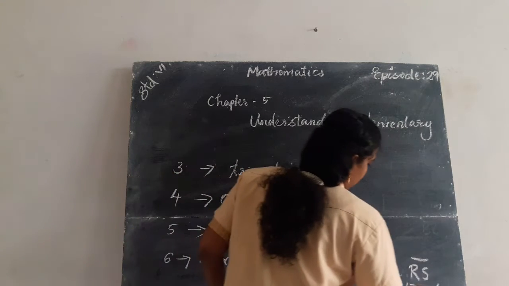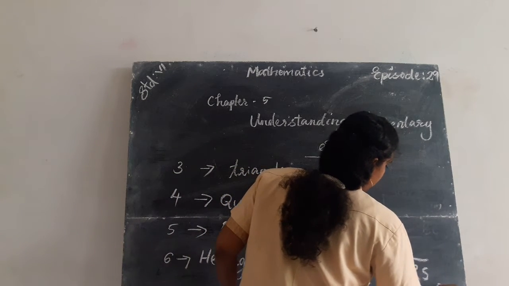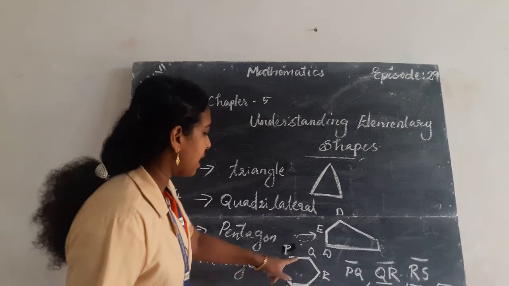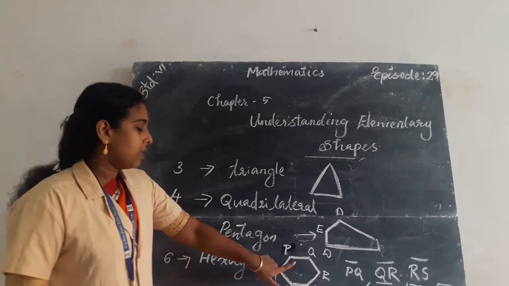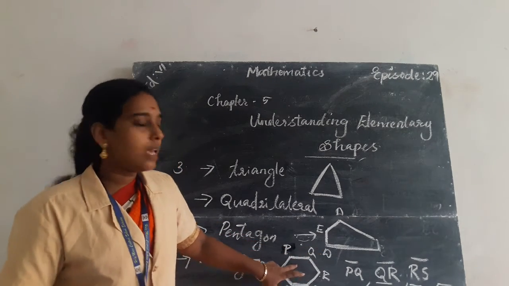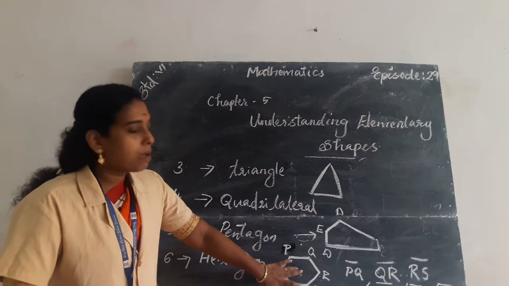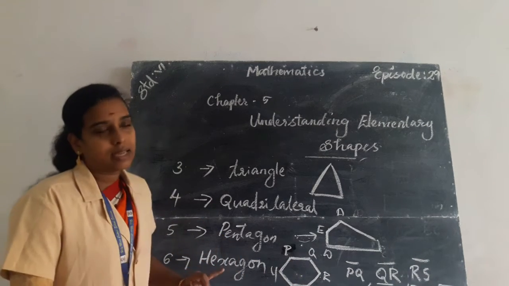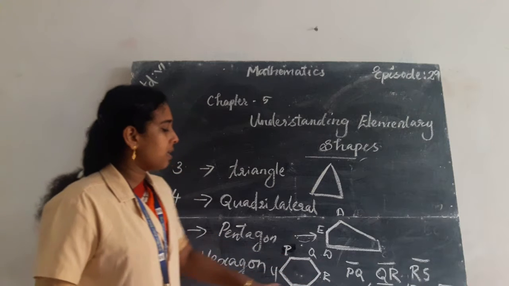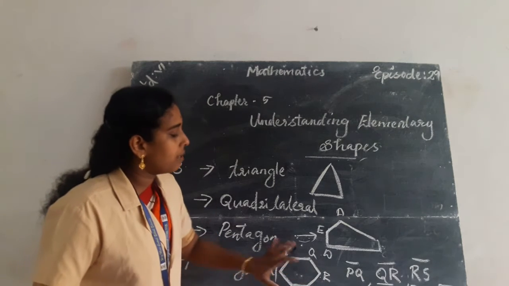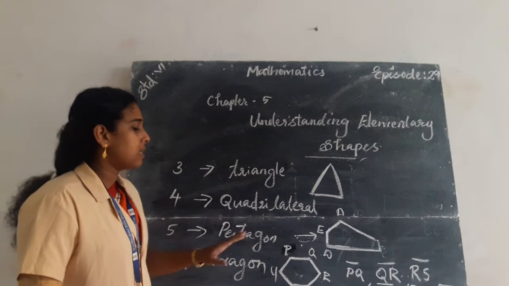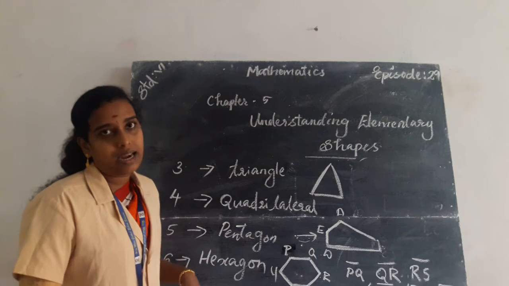These are the 6 sides of the polygon, and all the sides are made up entirely with line segments. So this type of polygon is called a hexagon.